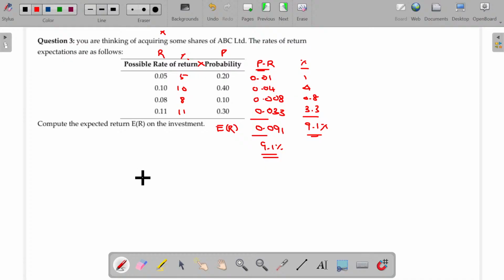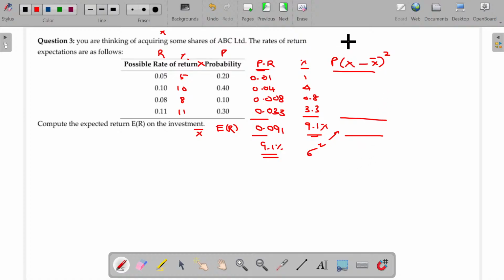How to calculate the standard deviation here? We assume this one being x bar. You have to find x minus x bar, to the power 2, multiplied by the probability. If you sum this, it is nothing but the variance, or standard deviation squared. Then you can find the standard deviation easily.